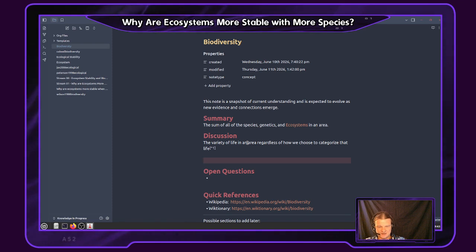So we could say the term was first used in literature just before 1988. And we can add another footnote here, and we'll cite Wilson.